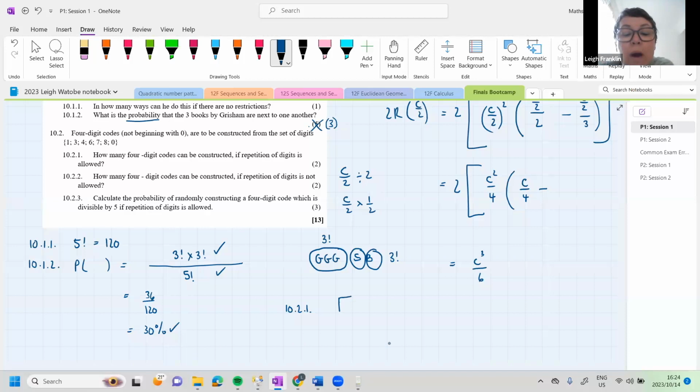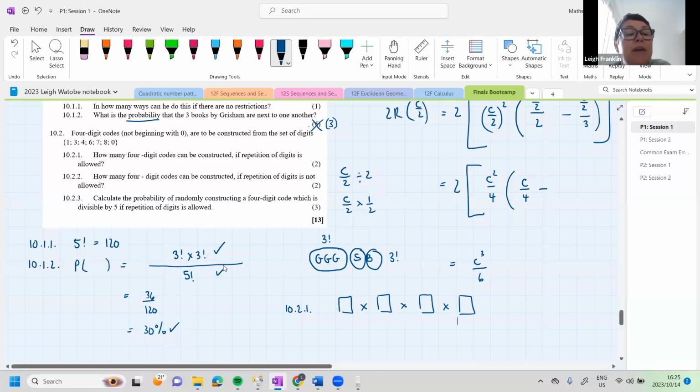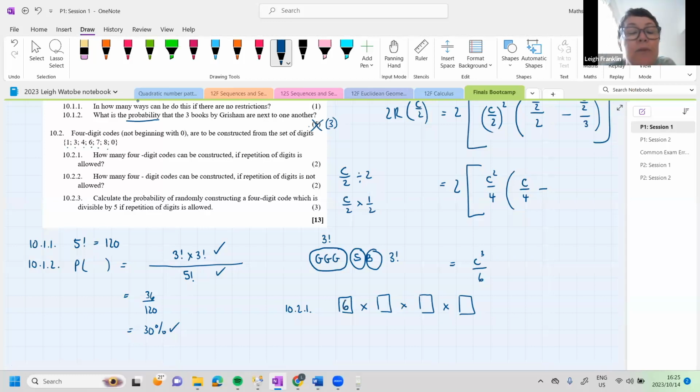So the easiest way to do this, this is how I always teach it, is to fill your boxes. So this is a 4-digit code, all right? It can't begin with 0. So now let's go and count how many numbers it could begin with. There are 1, 2, 3, 4, 5, 6 numbers that it could possibly begin with, because we're using these numbers that they've given us, but it's not allowed to be 0.